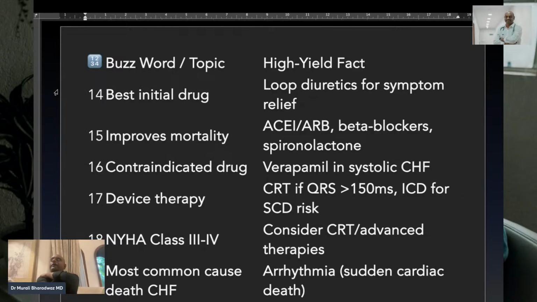Then we give cardiac support therapy. If the QRS is more than 150 milliseconds and there is a risk of ventricular arrhythmias, that's the reason we need to put an intracardiac defibrillator.